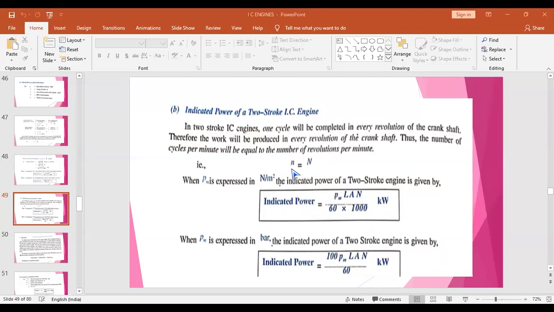Where PM is expressed in newtons per meter square, the power of a two-stroke engine is given by indicated power equal to PM LAN by 60 into 1000. Suppose if you want to express the PM in bar, then the equation is indicated power equal to 100 into PM LAN divided by 60 kilowatts.